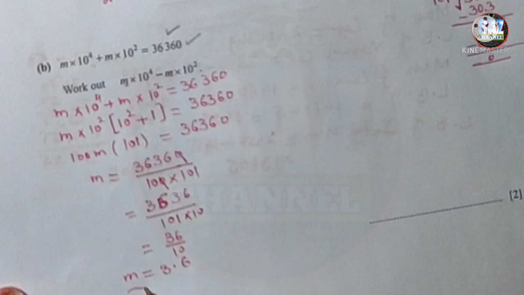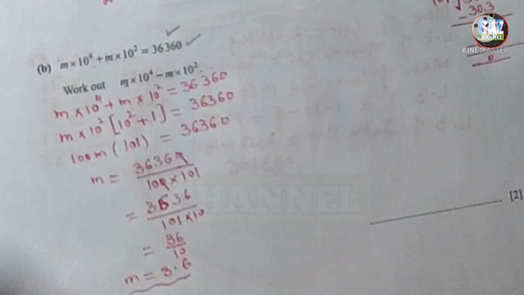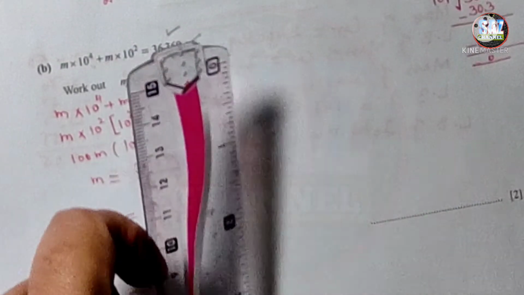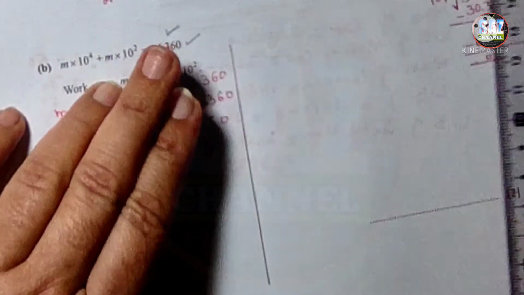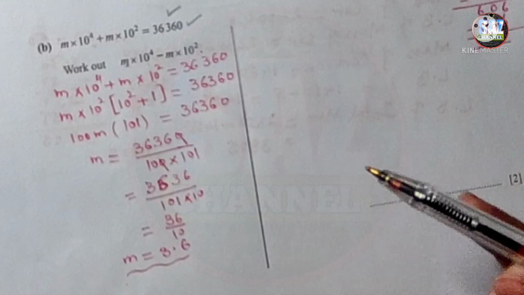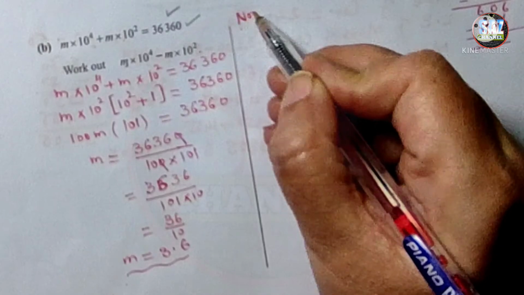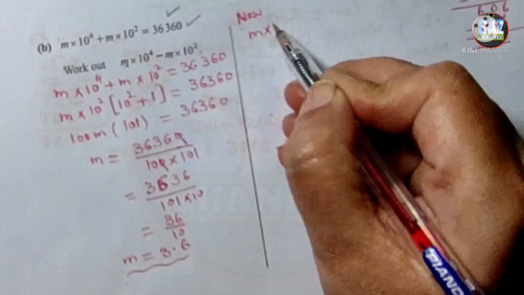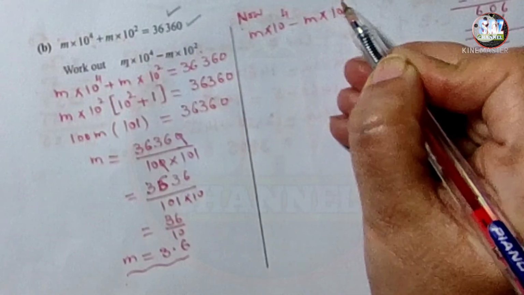Why 3.6? Because we are dividing 36 by 10. Now let me make space over here for the second part. The actual requirement of the question is that we have to find the value of m multiplied by 10 raised to power 4 minus m multiplied by 10 square.